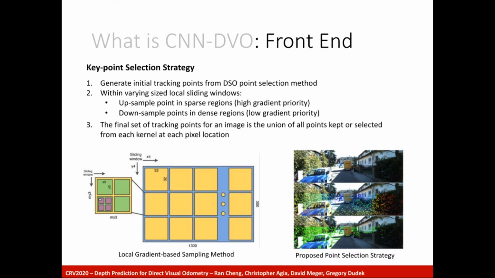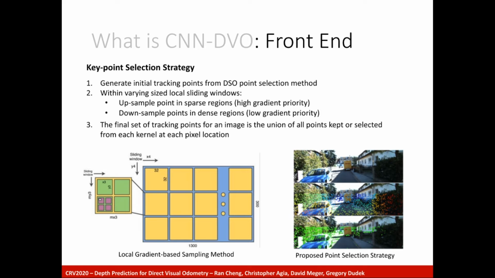However, in some cases, such as the frame in the bottom right image, this leads to a clustering of points. And such clusters may expose the local optimization framework to corruption under strong rotational motion, where most of the selected tracking points are not visible in a frame several time steps later. So to remedy this, we propose to take a more even sample of tracking points while still prioritizing points in high gradient regions.